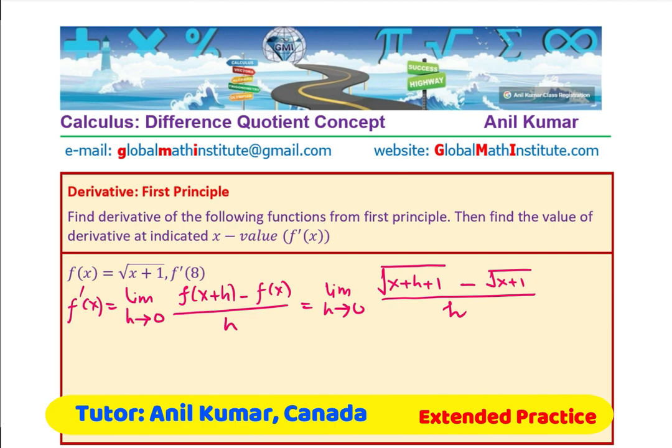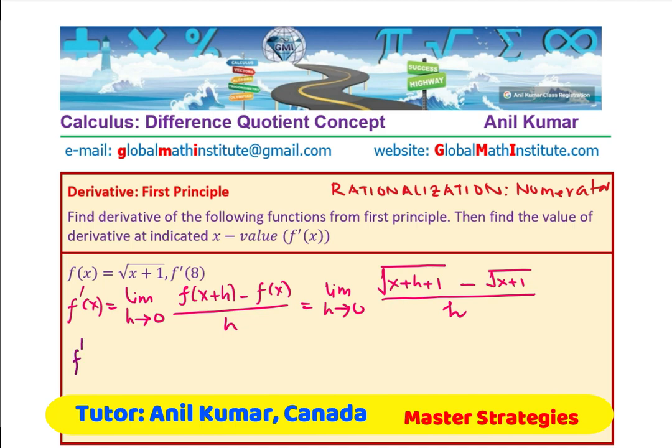How do you simplify this? So you learn the technique of rationalization, right? So adopt the technique of rationalization. Correct? You have to rationalize the numerator. That means multiply and divide by the conjugate of the numerator, correct? So let's continue.